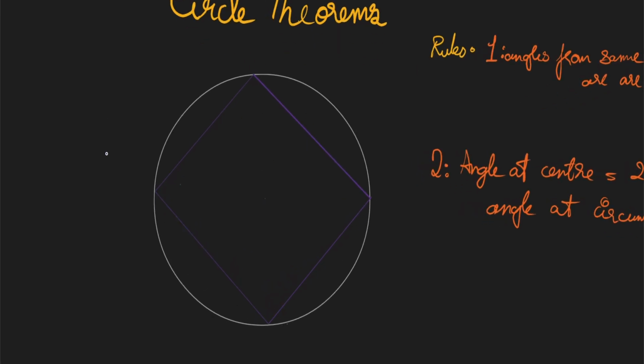So this is a cyclic quadrilateral, whereas this right here wouldn't be a cyclic quadrilateral because the fourth point here isn't on the circumference. So please remember, all points of the polygon need to be on the circumference for it to be considered cyclic.